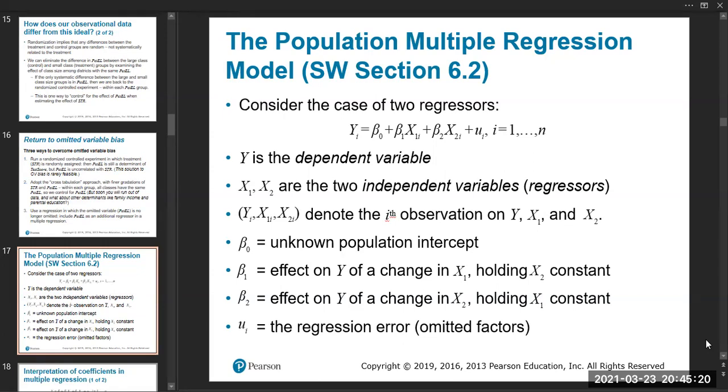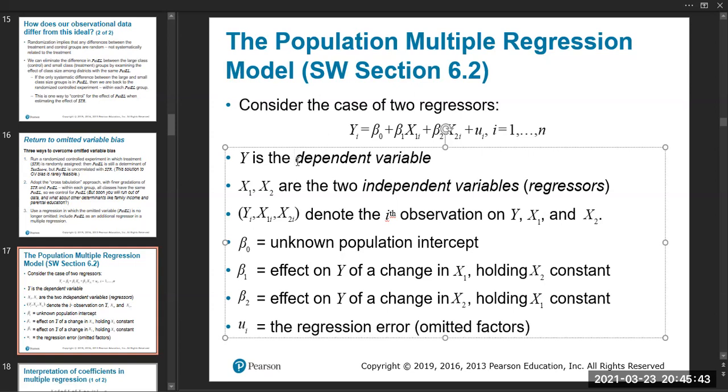We call all of these x independent variables or regressors. Y is still the dependent variable. Now beta 0 is still the intercept. Beta 1, beta 2 will be the slopes, but you don't have two slopes on one graph, right?